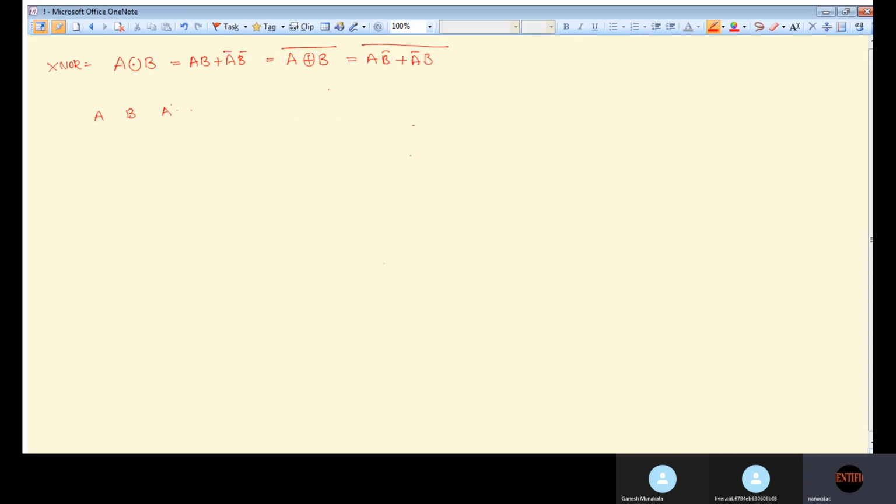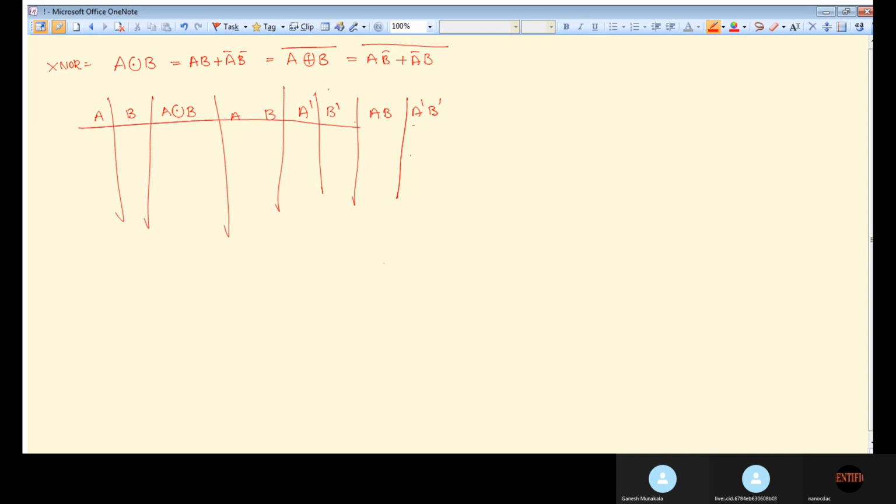Okay, ఒక పెన్ పేపర్ తీసుకొని in the same way. A XNOR B, then AB, A bar B bar, and finally AB plus A bar B bar, A XOR B whole bar.